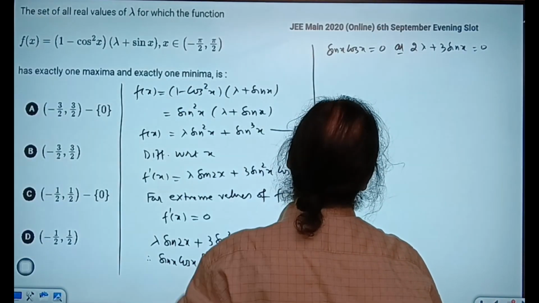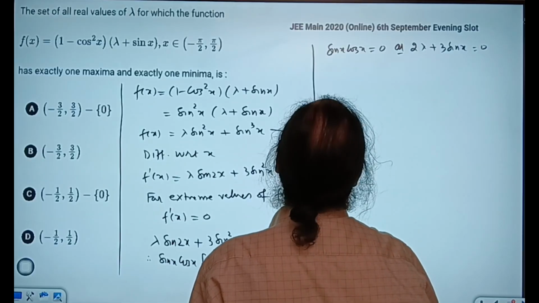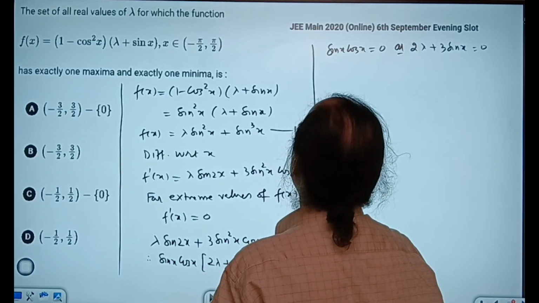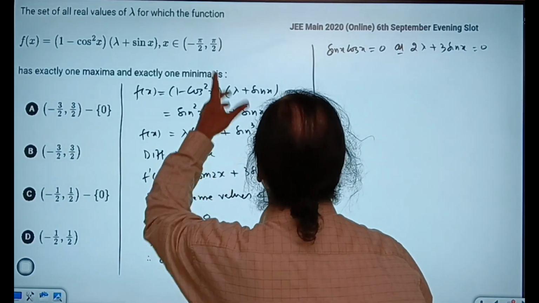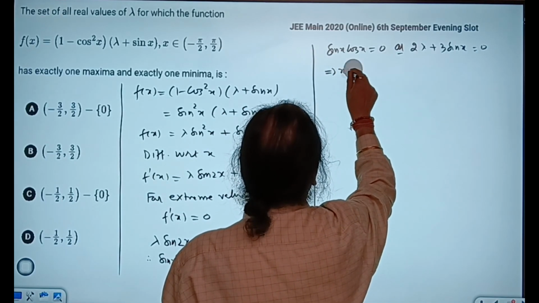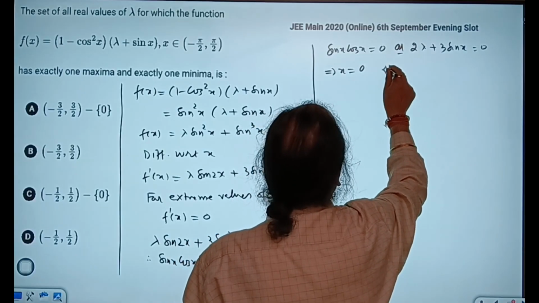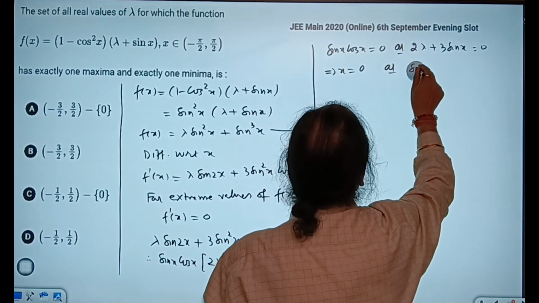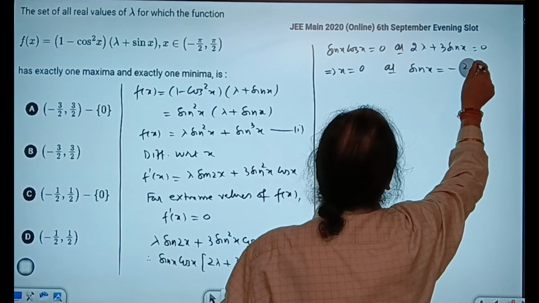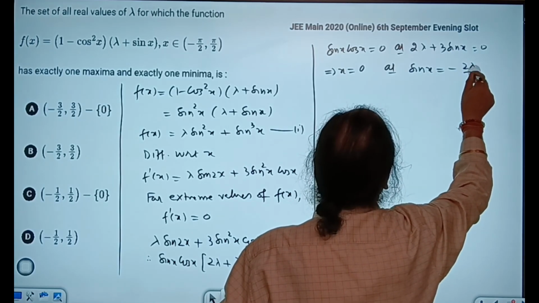Sin x cos x zero means sin 2x zero. In the interval minus pi by 2 to plus pi by 2, at 0 degrees it is 0, and cos will be 0 at pi by 2, which is not included. So x is equal to 0, or sin x is minus 2 lambda by 3.